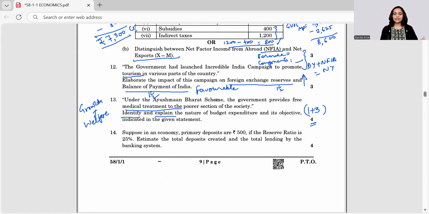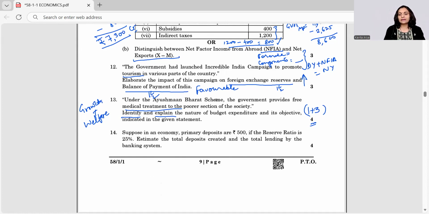Government is trying to promote the welfare of the country by helping the poor section of society. Right. So government would be redistributing its resources from here to here, means maybe some resources would be taken from growth aspect and to this welfare aspect. So it's a clear question of redistribution or reallocation of resources.